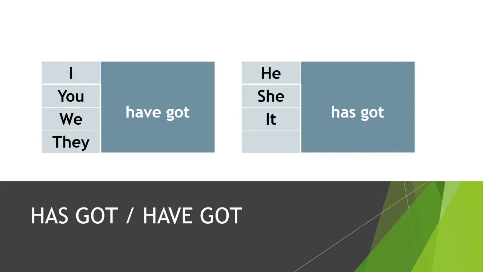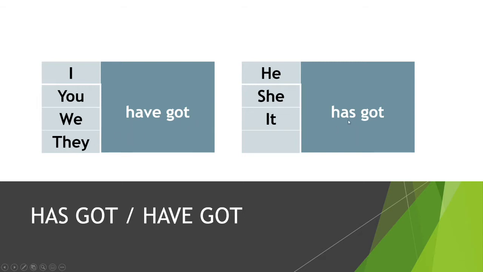Next, we will learn about has got and have got. So, to use have got, you must remember we use have got with I, you, we, and they. I have got, you have got, we have got, they have got.